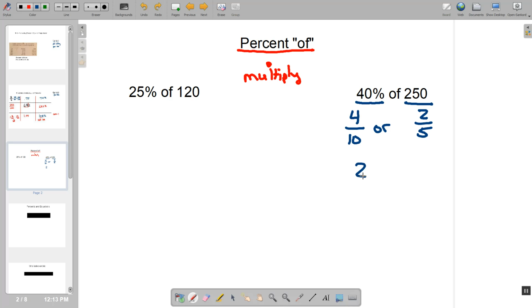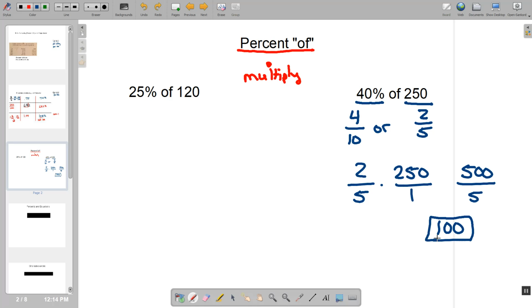So if I do 2/5 times 250, now I can multiply across to get 500 over 5, which is equal to 100. 40% of 250 is equal to 100.